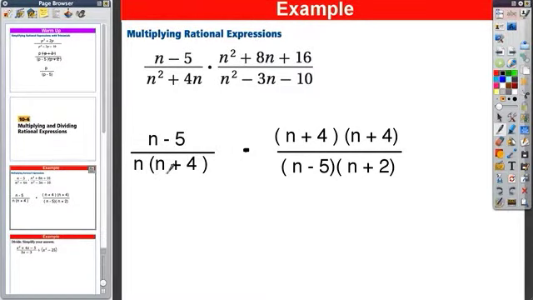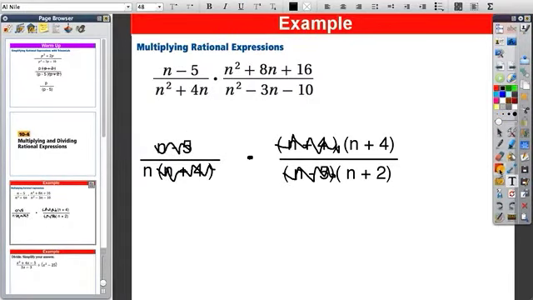And now let's do the reduction. So I have an n plus 4 here, and an n plus 4 here. I have an n minus 5 here, and an n minus 5 here. And I look now, there's nothing I can reduce here.